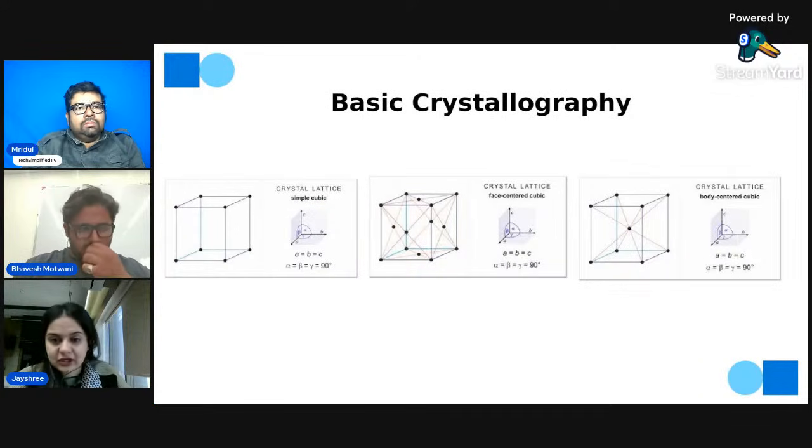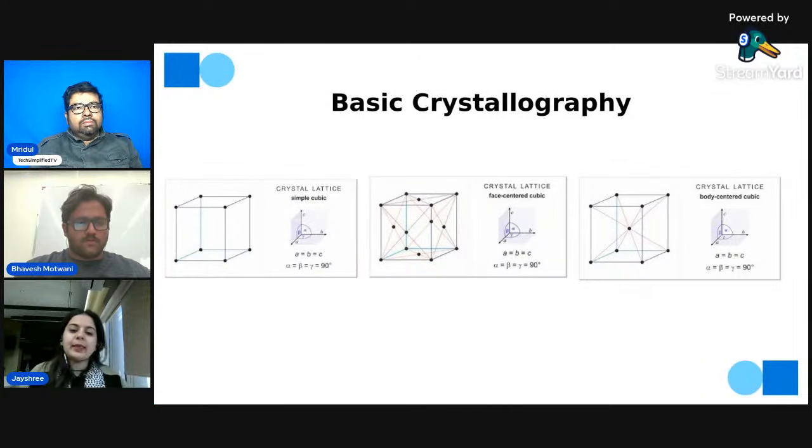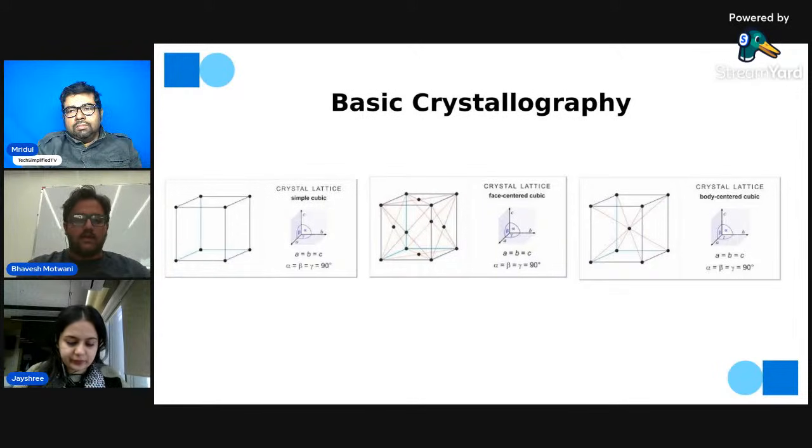Okay, so let's go with what quality is and why it's critical. Basically, there is crystallography. Crystallography is the study of understanding the structure of how atoms are arranged. Generally, we want to understand how atoms are bonded, in a manner that forms the shape of a cubic structure.